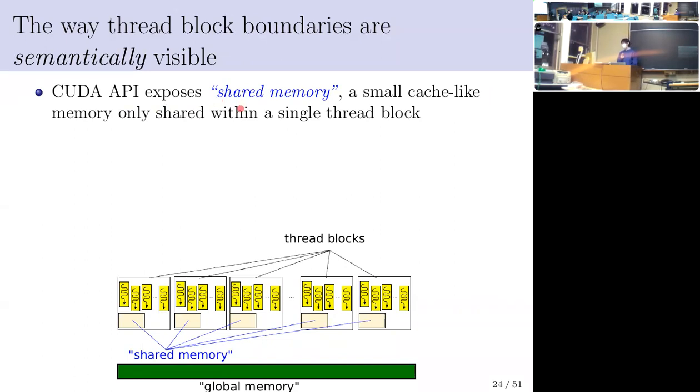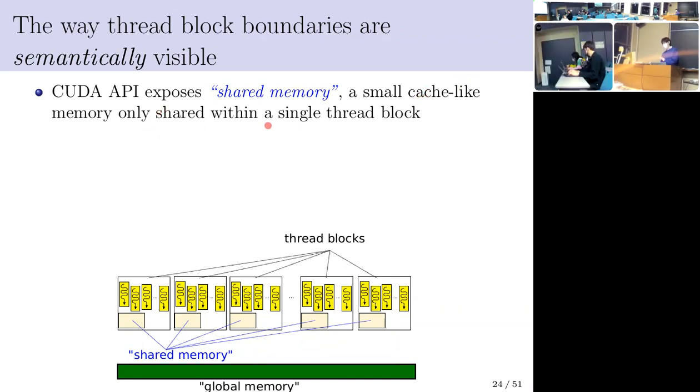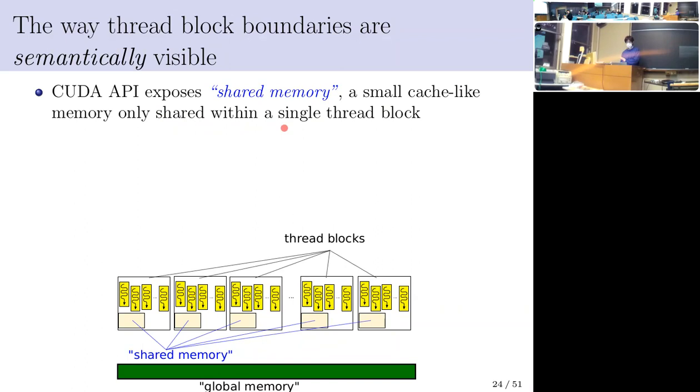This is clearly a misnomer, but shared memory is a small cache-like fast memory that is only shared within a single thread block. So threads within a single thread block, like these guys, share a part of the shared memory, and they can communicate through shared memory.